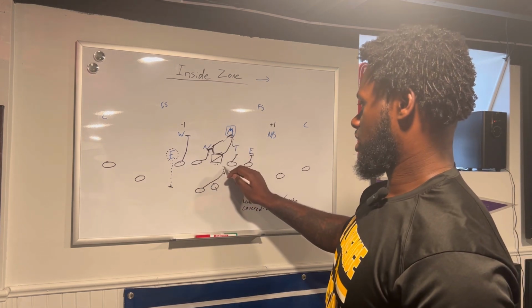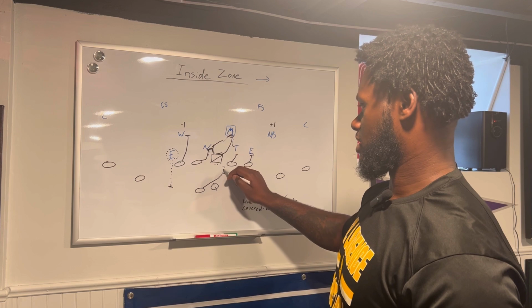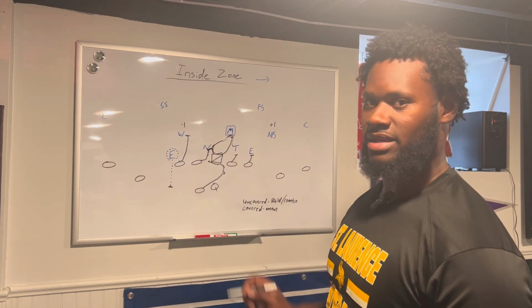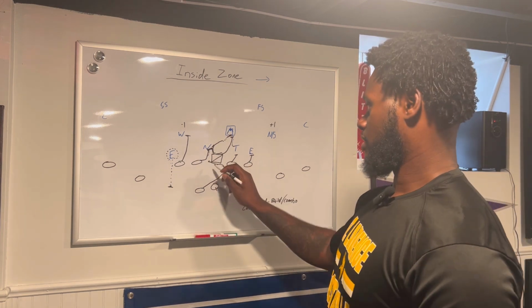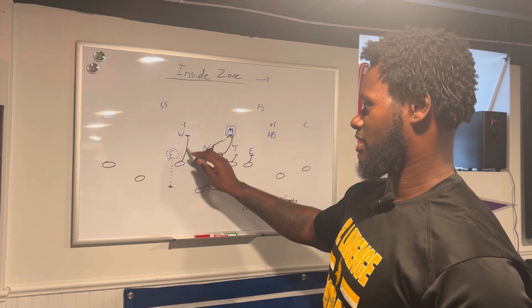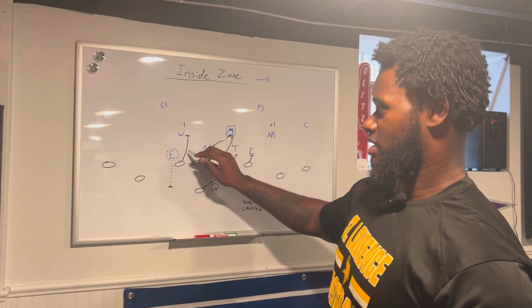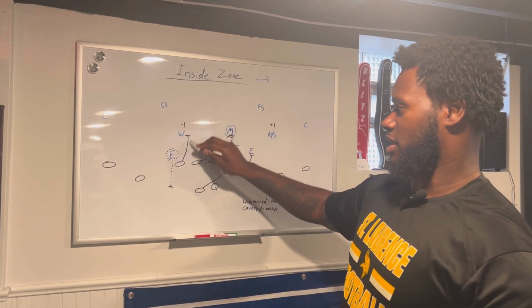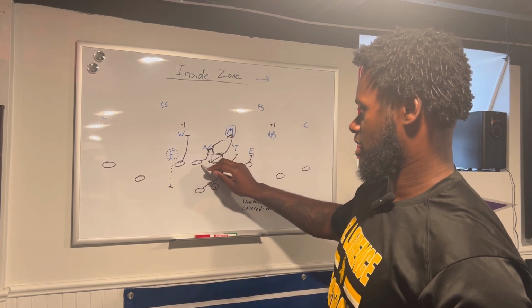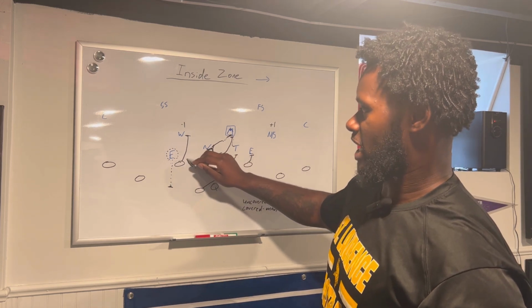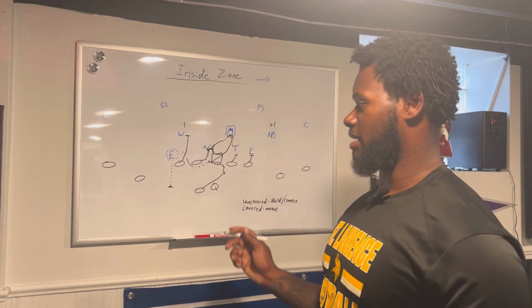So this is the first option, this is the second option. He's looking to cut back to our backside A gap. And then there's possibilities where we get this backside linebacker cut off by our 1 technique. This thing could even hit to our backside B gap or even C gap.